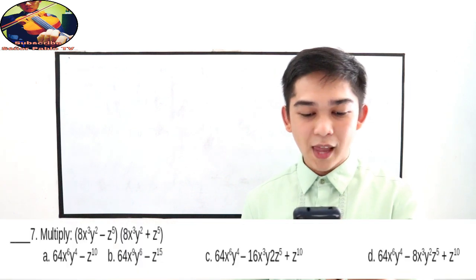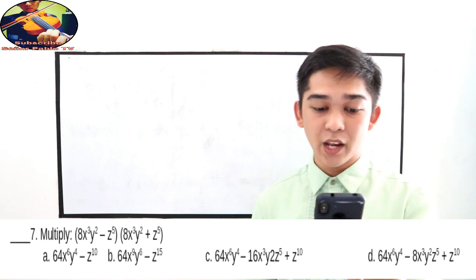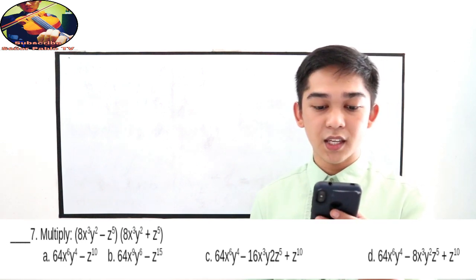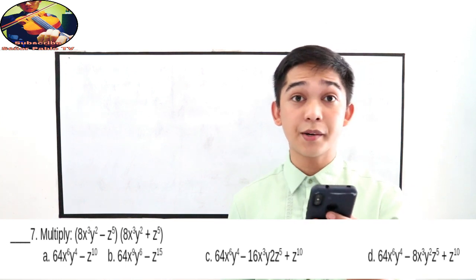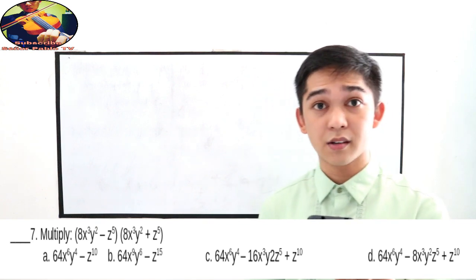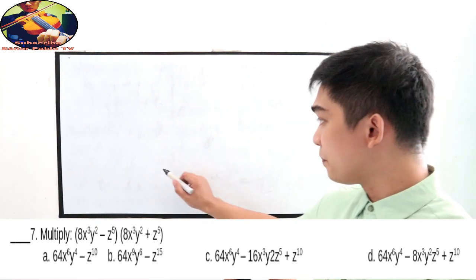Now let us proceed to number 7. Multiply quantity 8x cubed y squared minus z raised to 5 times quantity 8x cubed y squared plus z raised to 5. So difference of two squares. So square lang natin yung first term.